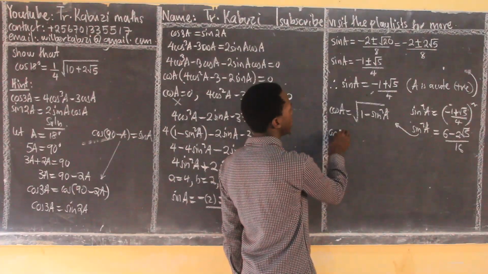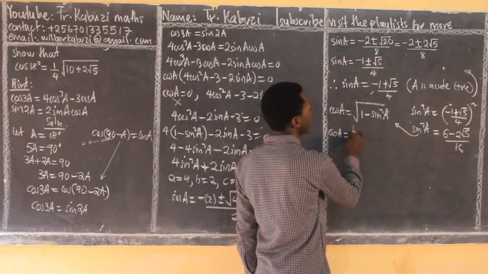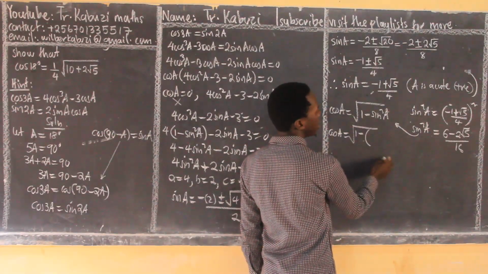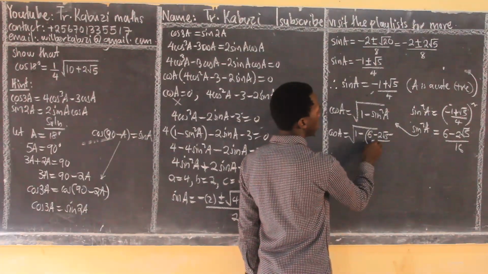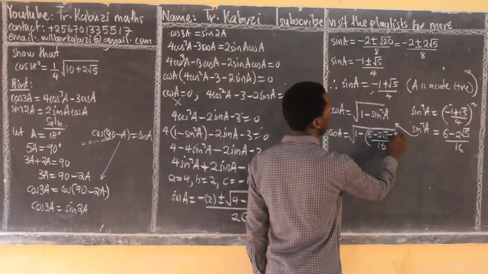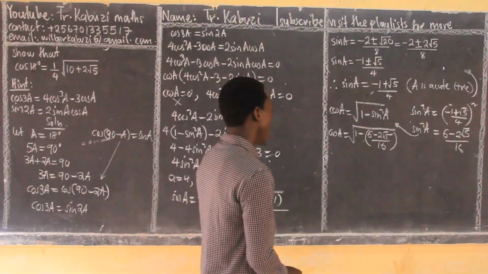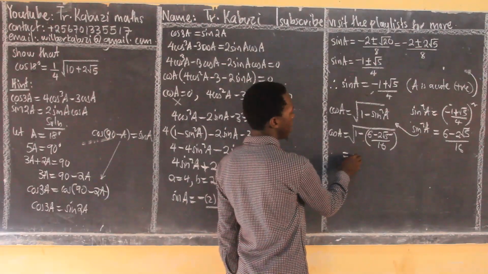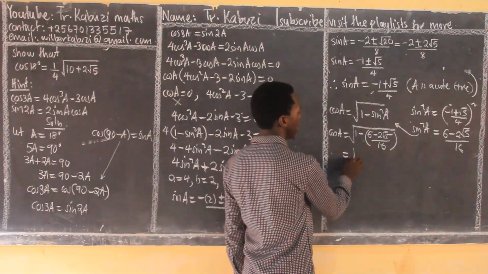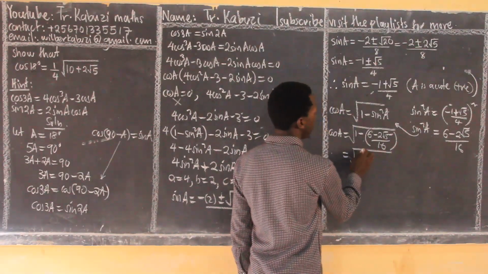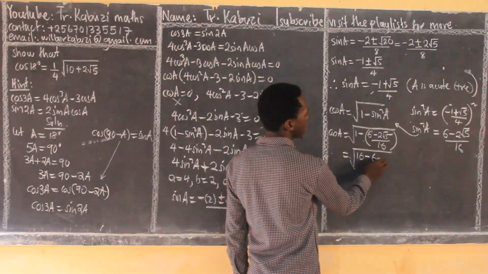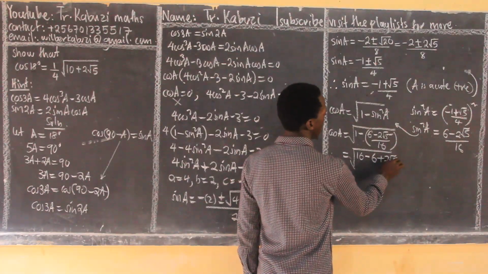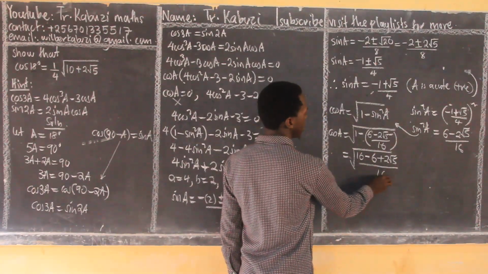So my cos A is going to be the square root of 1 minus 6 minus 2 root 5 over 16. Now from there, I get the LCM, which will be 16 minus 6, minus minus to give us plus 2 root 5, the whole over 16.